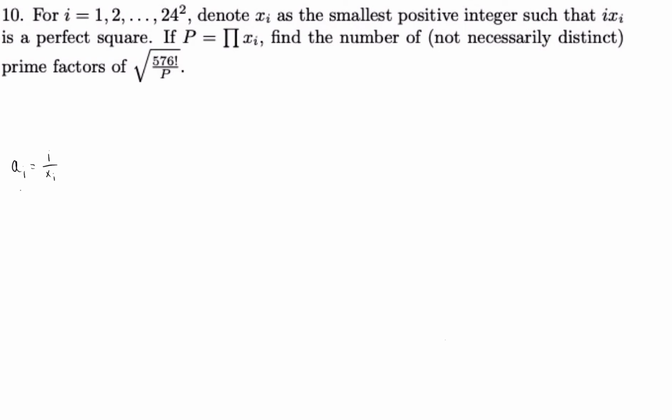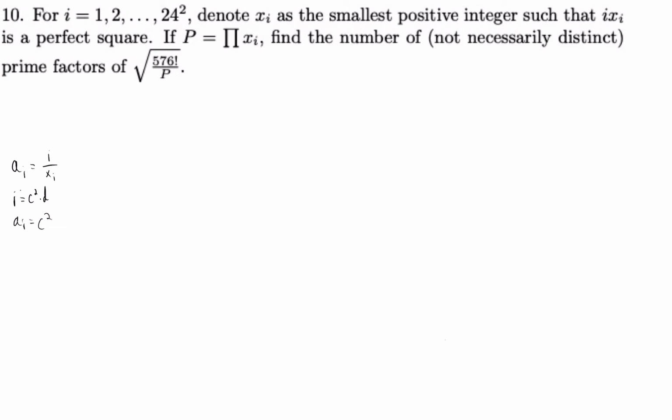Notice that we can write all values of i as c squared times d, where c is maximized. So I claim that a_i is equal to c squared. Why is this?